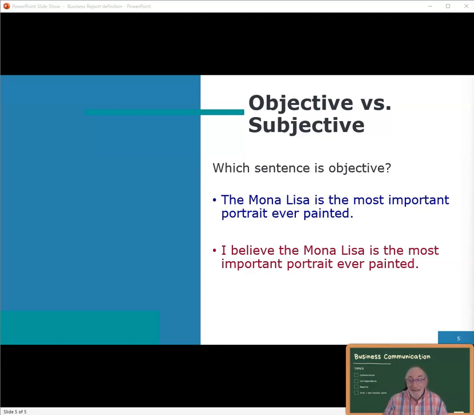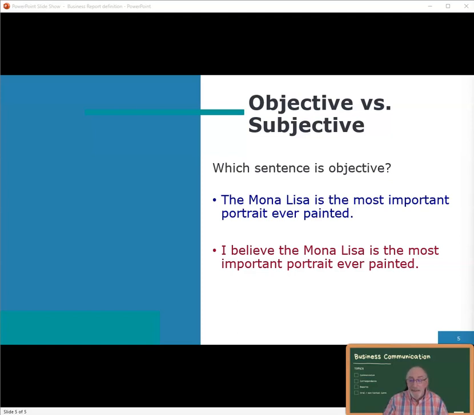In a way. Number 2 is clearly subjective, not objective, because of the use of, quote, I believe. However, number 1 is the same sentence. It only sounds objective because it does not use I believe.